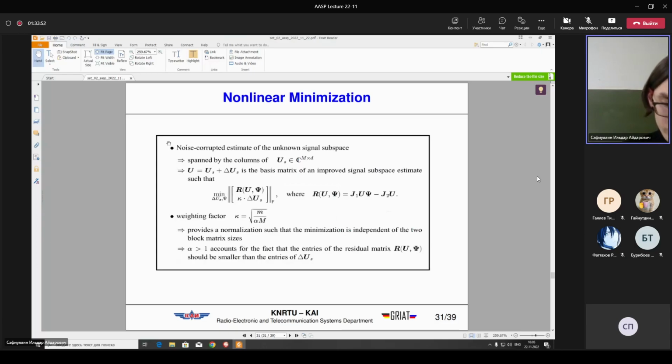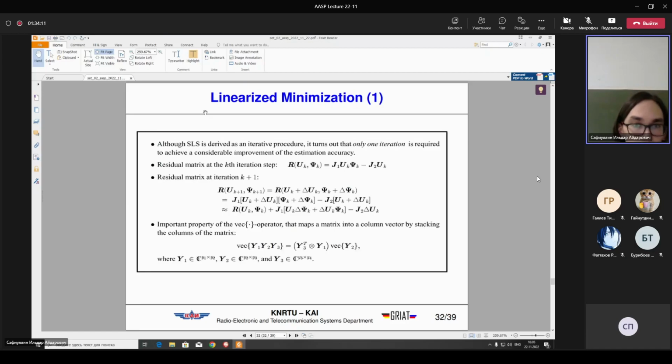And then here we can assume two types of minimization. The first one is nonlinear minimization, and the second one is linearized minimization.